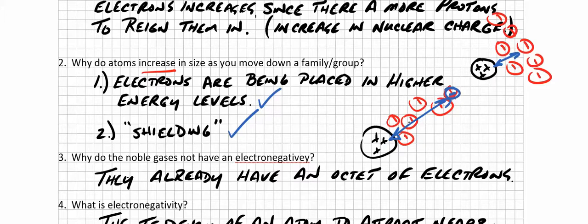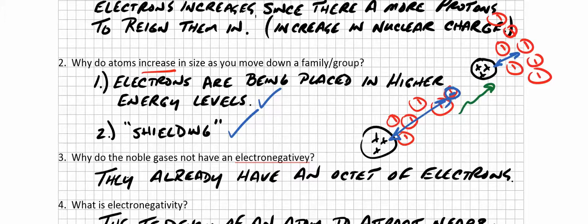However, the intervening electrons, these electrons here, are mitigating or lessening the effect of the attractive force, allowing that electron to drift further out, and in doing so, make the atom bigger. So two reasons why the atom gets bigger as you move down a period or a group. Okay? Hope that makes sense.